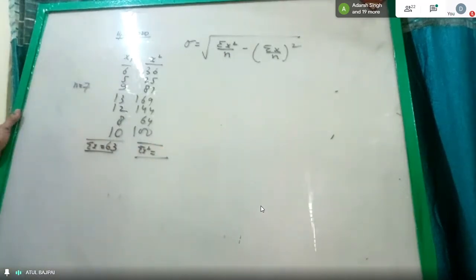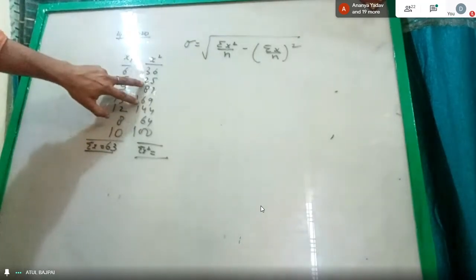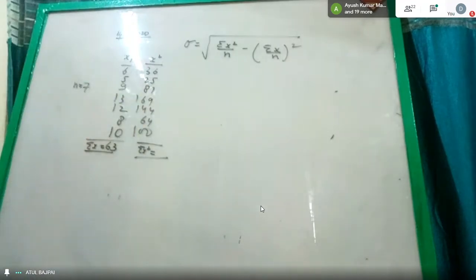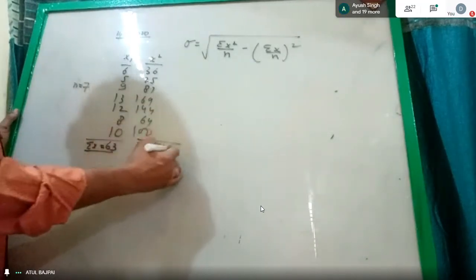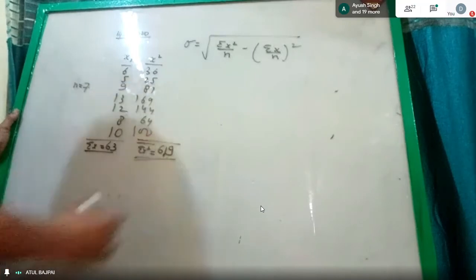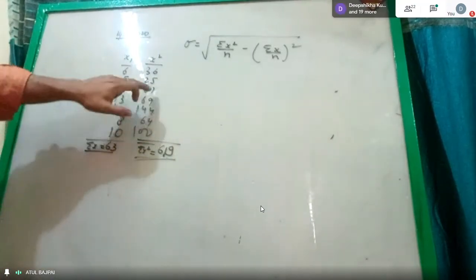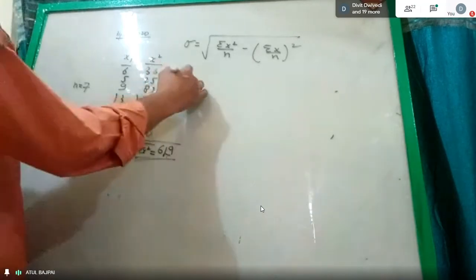Here x square total: I'm getting a different answer. 600 is correct, but I'm getting 19. Just check. Yes, 619.